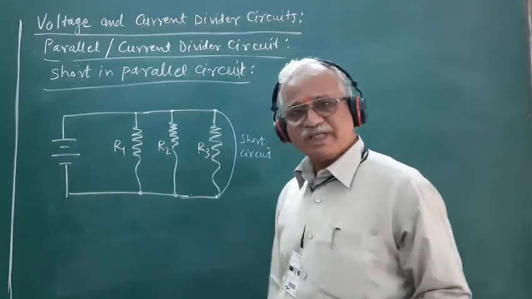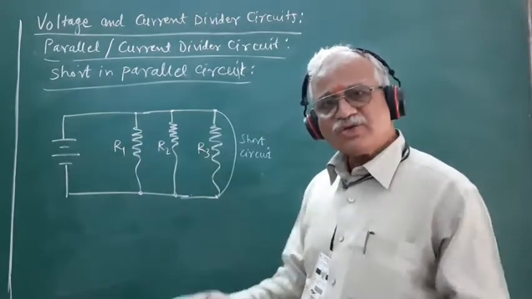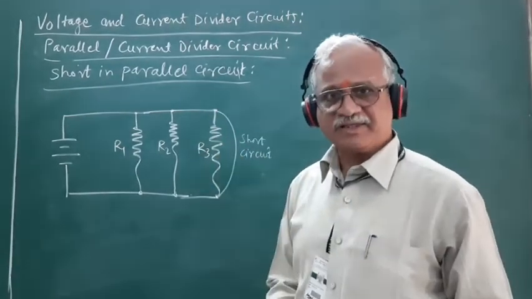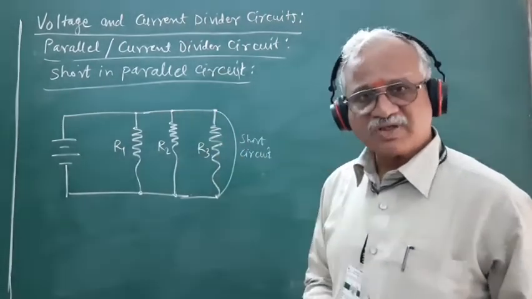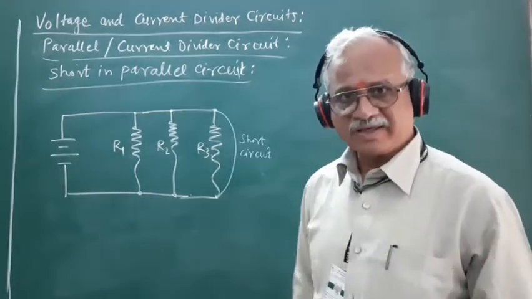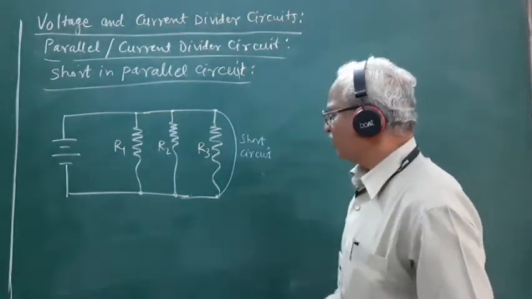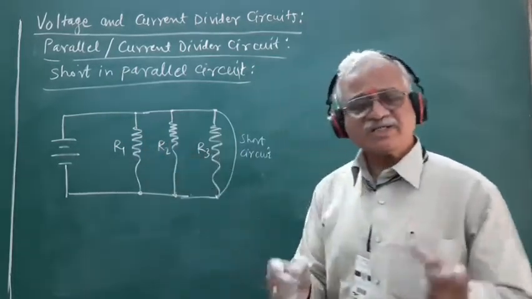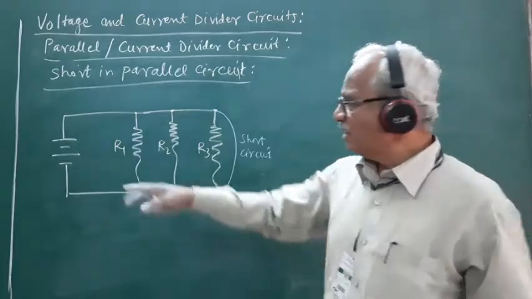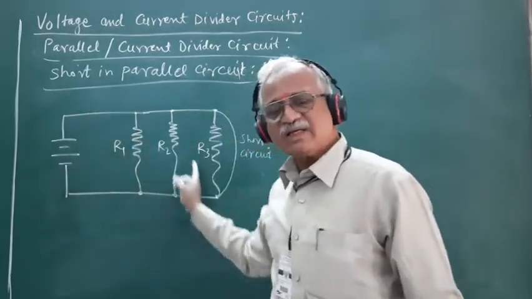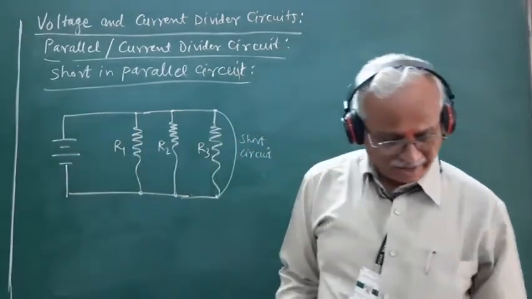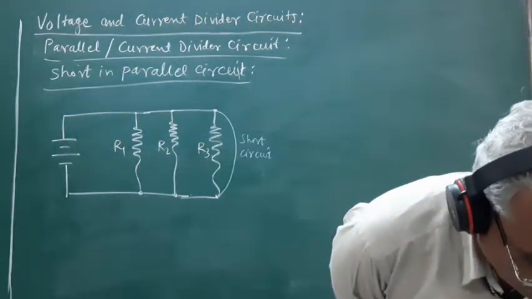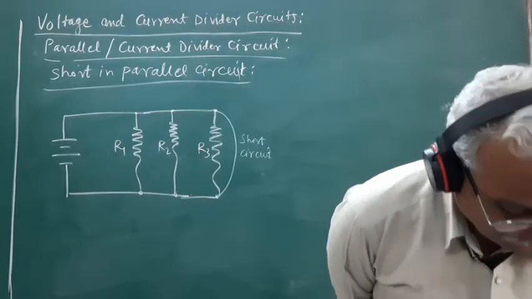So, care must be taken that by no chance a short is put across the parallel circuit, because in such a case all three resistors get short circuited, so that the source of EMF is directly short circuited and excessive current will flow through the circuit and the source of EMF may get damaged.